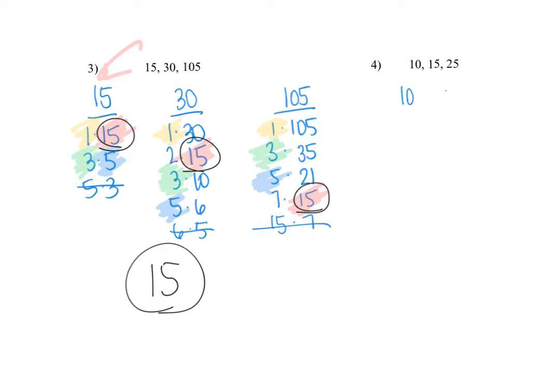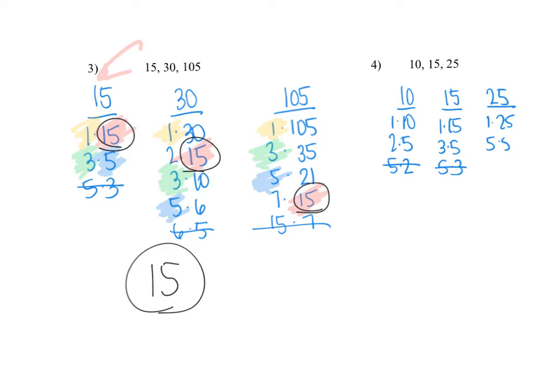All right, 10, 15, 25. So 10 is 1 and 10, 2 and 5. It would be 5 and 2, but that's done. 1 and 15, 3 and 5. 1 and 25, 5 and 5. And again, remember we talked about that. That's that perfect square. When you get the same number twice, you know you're done.